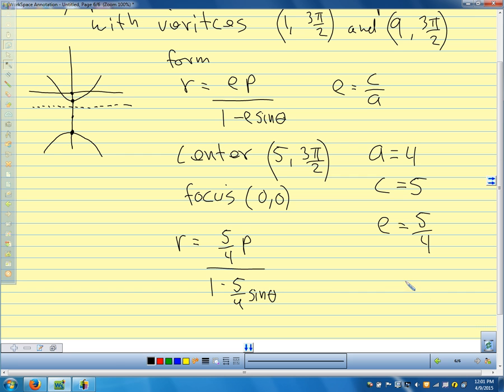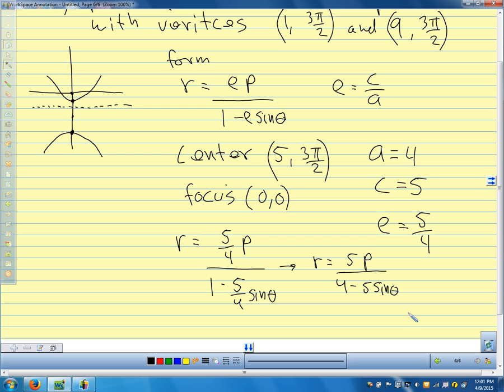What can we do to this to make our equation look a little nicer? Get rid of those fractions. Multiply top and bottom by 4, right? Multiply everything by 4. So I get r equals, just to make it a little easier to work with, 5p over 4 minus 5 sine theta.